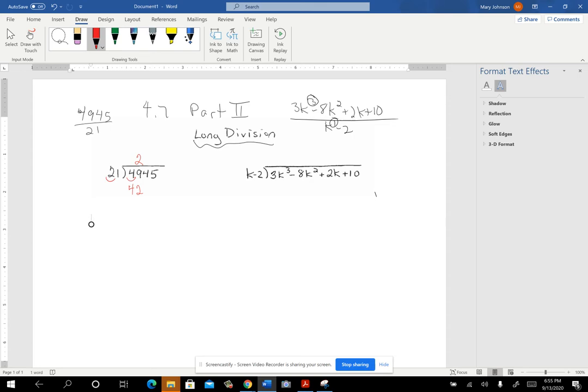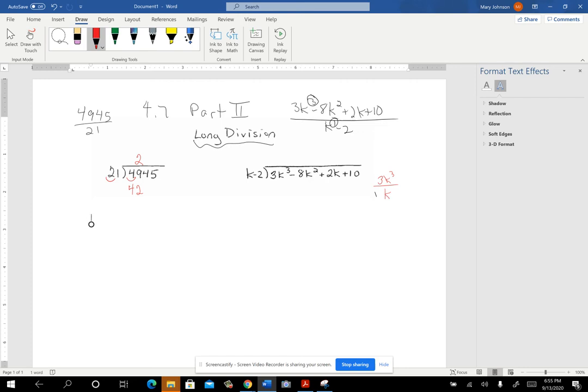We're going to do the same thing. When I was looking at this one, I was thinking about dividing 2 into 4. Over here, I need to think about, and I'm going to write it over here to the side, dividing 3k to the third by k.